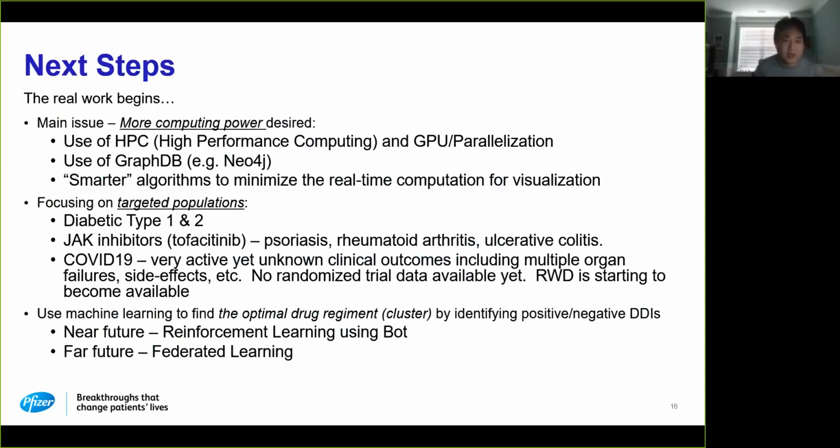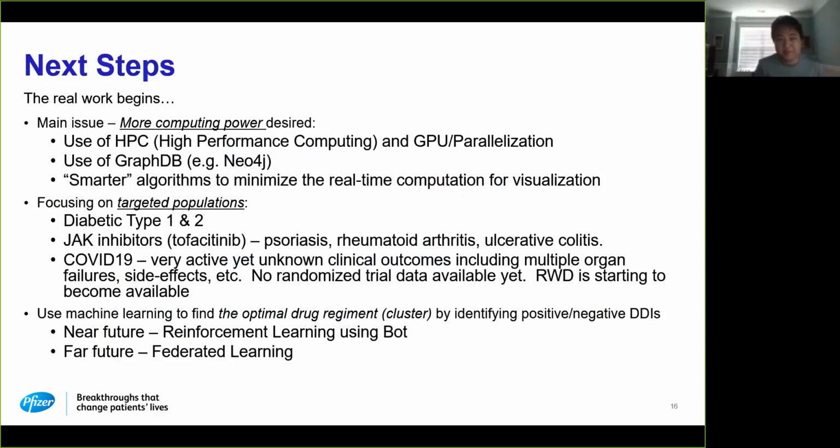And another thing we could try is targeting populations, such as diabetic types, JAK inhibitors, or COVID-19, very active yet with unknown clinical outcomes. So this is something that would be a good target candidate. We don't have the randomized trial data yet, but the real-world data is starting to become available.